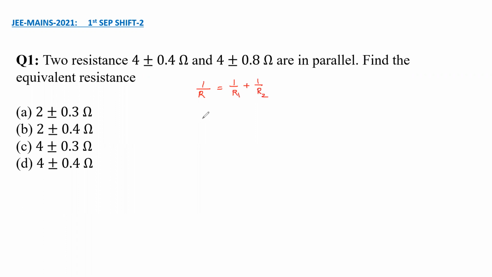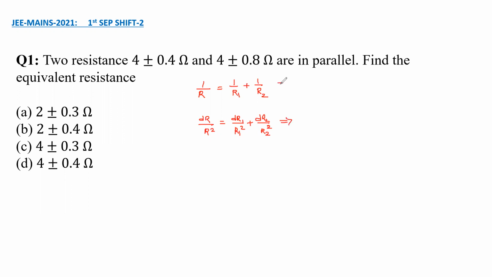Differentiate on both sides. You will get dR by R square is equal to dR1 by R1 square plus dR2 by R2 square, after cancelling the minus sign on both sides.